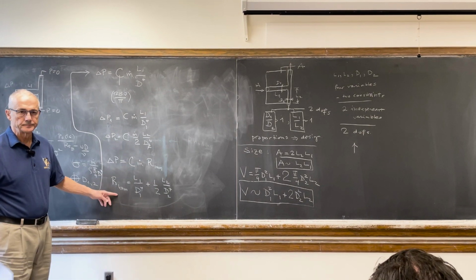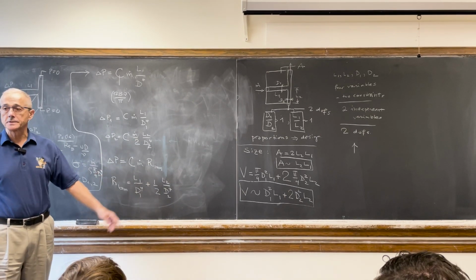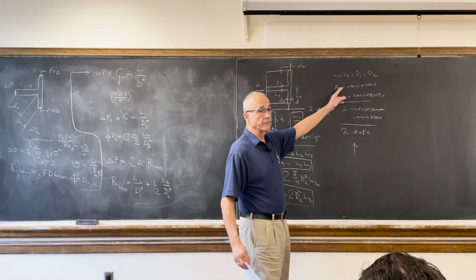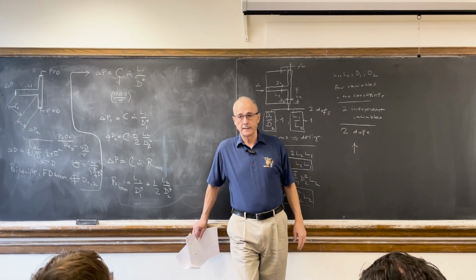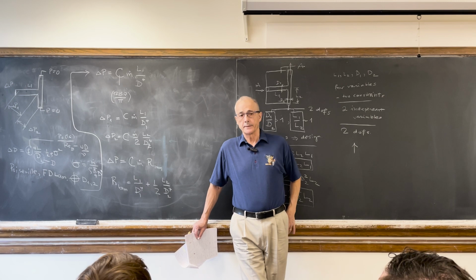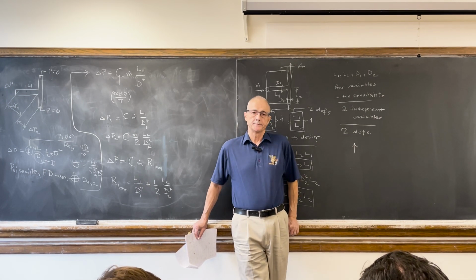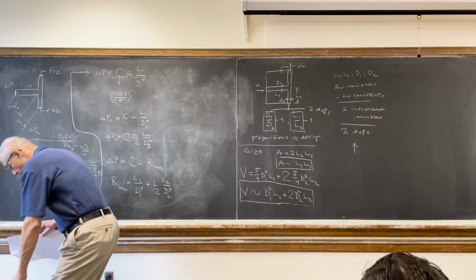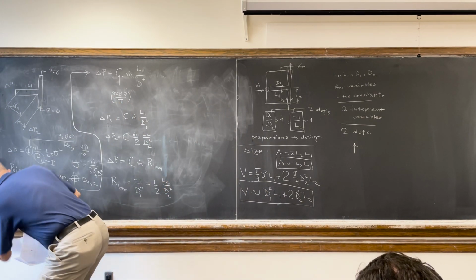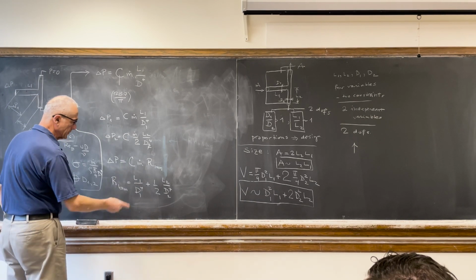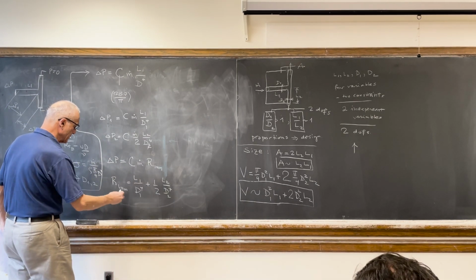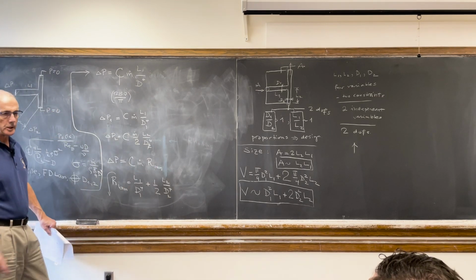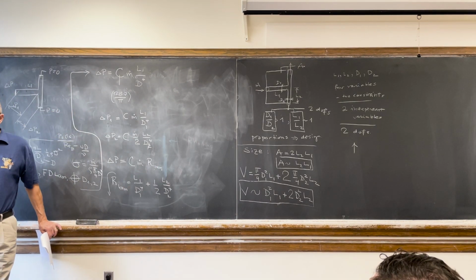This is a function that depends on these 4 dimensions that at first impression were 4 variables, but in fact they are not all independent, only 2 of them are independent. And you would like to play with these dimensions so that the value of the so-called fully developed laminar flow resistance decreases.